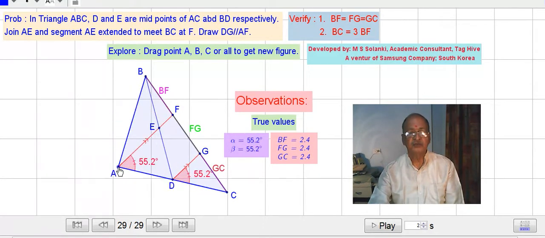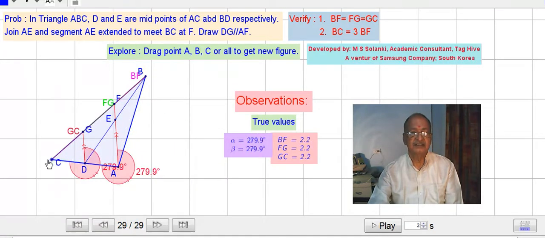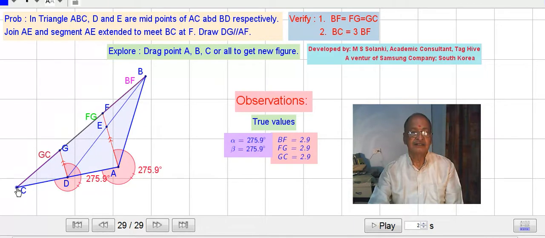Suppose I want to bring this C point here in this area, and keeping this AB there itself, what will be the value? Let us see. Now this angle between, it was AC and this thing, so this reflex angle is coming, but even reflex angles are also equal.